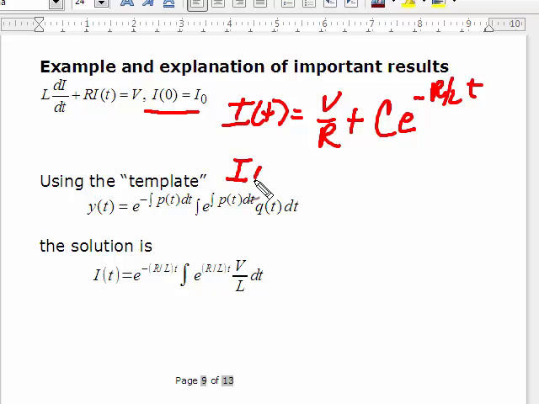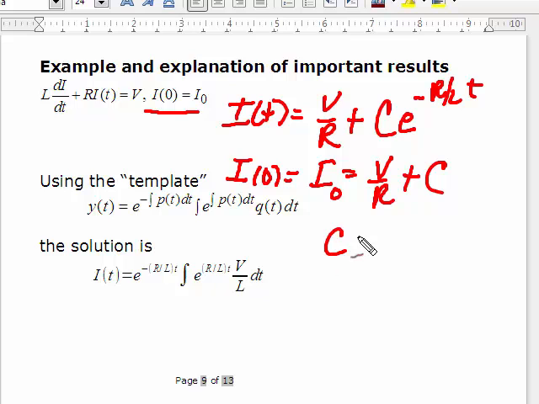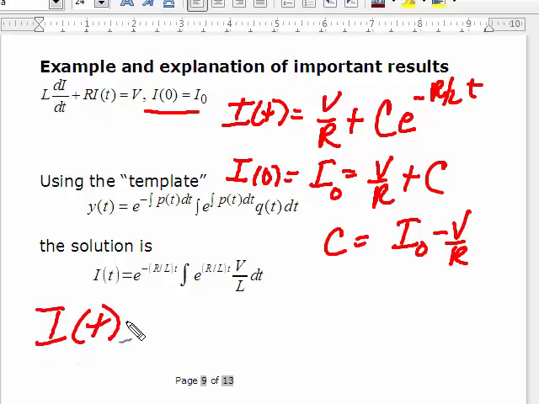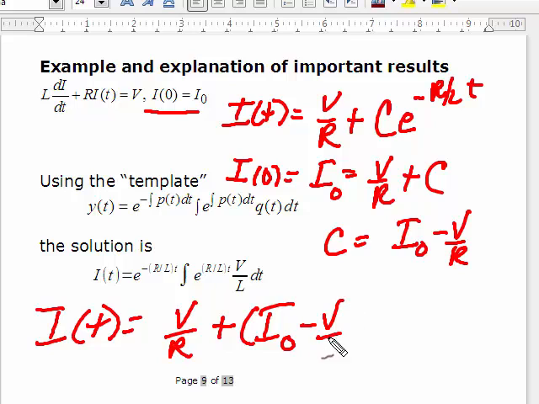So I put a 0 through this equation, and it's going to equal I naught, equals V over R, no change here, and the e to the 0 is 1, so this becomes C. I solve for C. C equals I naught minus V over R, and here is my solution for this differential equation: V over R plus I naught minus V over R, e to the minus R over L times time. And we'll analyze that, and I'll show you a graph of it now.